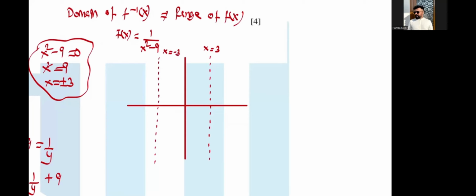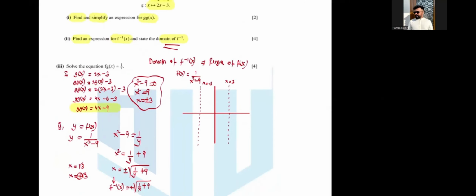All right. The second thing is the horizontal asymptote. When the output of the function, f(x), is equal to 0, so 1 upon x squared minus 9 equals 0, which means x squared minus 9 would equal 1 divided by 0, meaning x will be undefined.